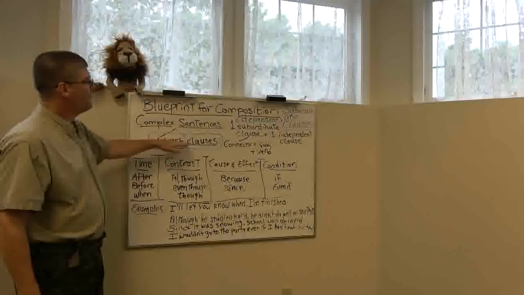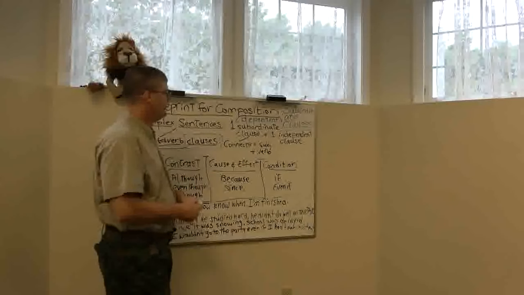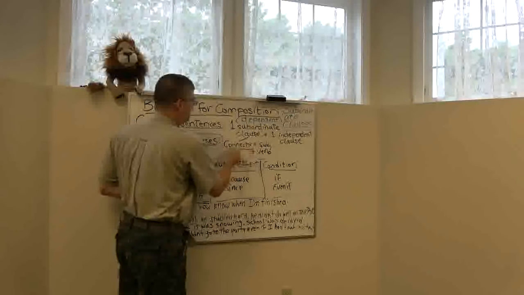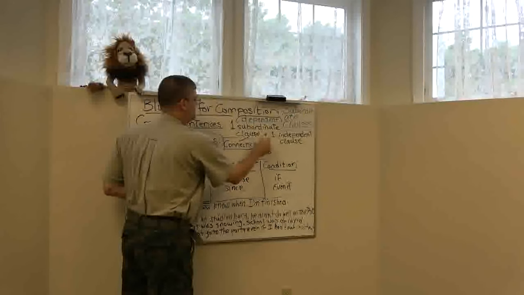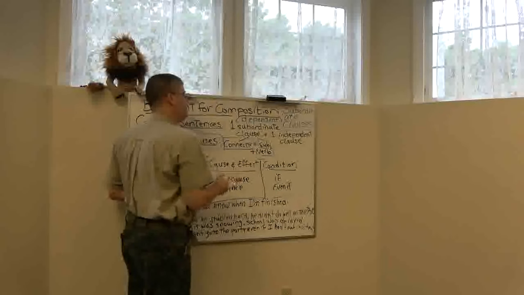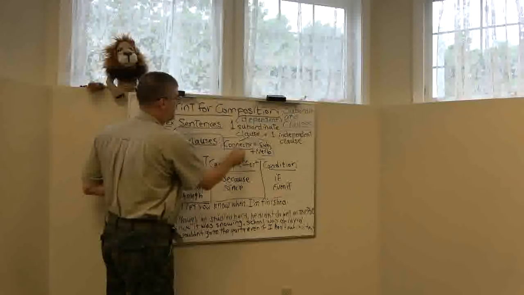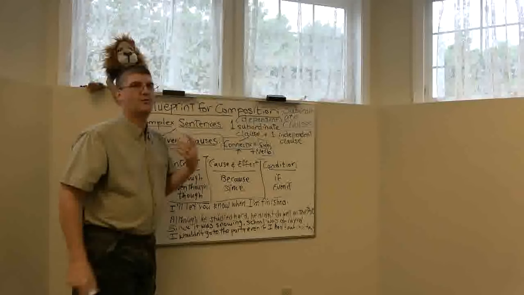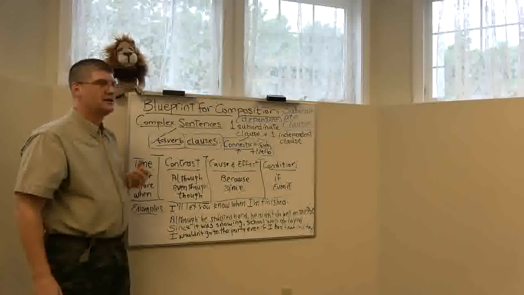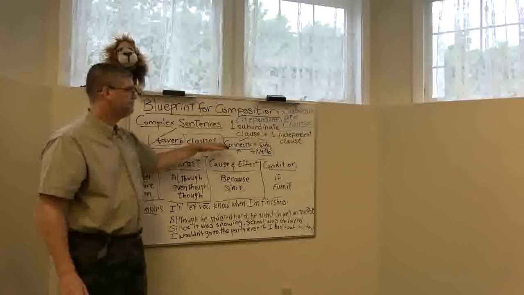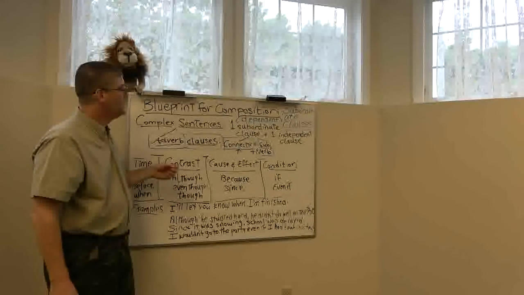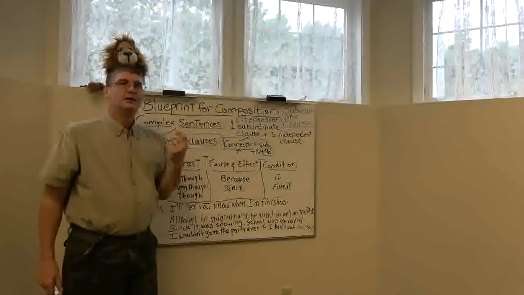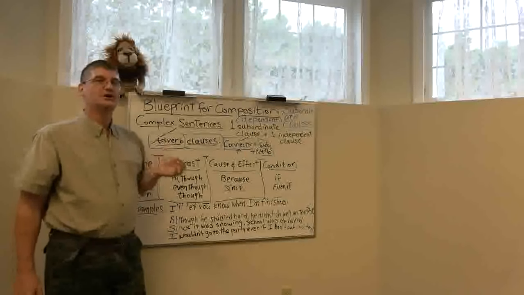An adverb clause, or any subordinate clause, will be composed of a connector, a subject, and a verb. I like to use the word connector, or subordinate clause connector. I just find it easier and more facile to remember. Another word is subordinating conjunction.